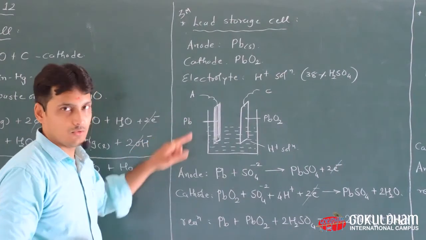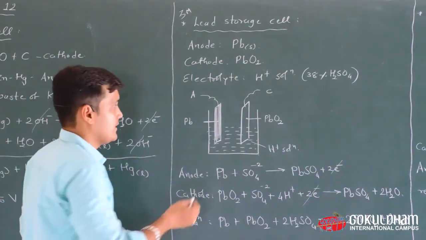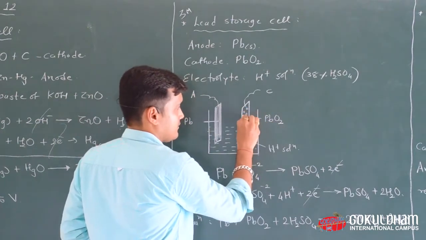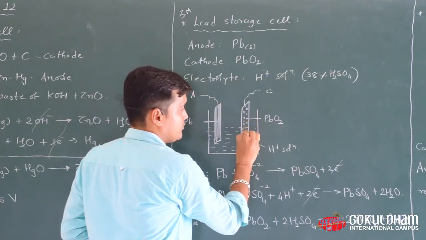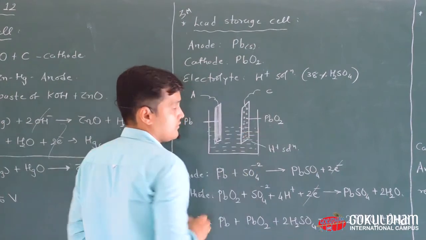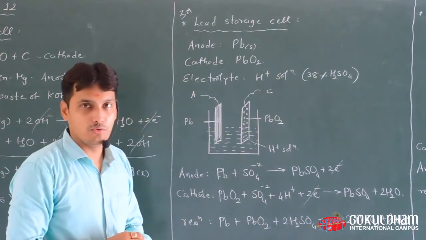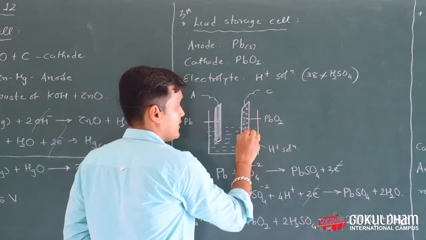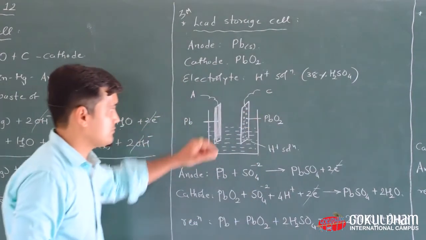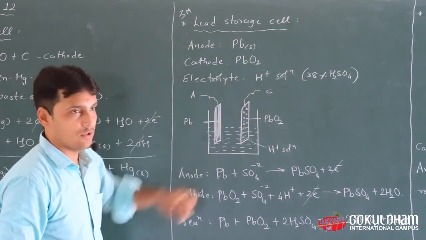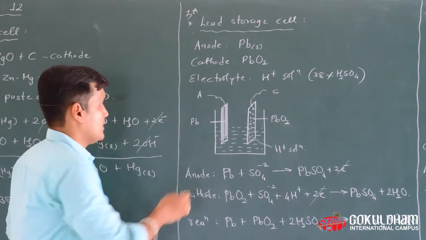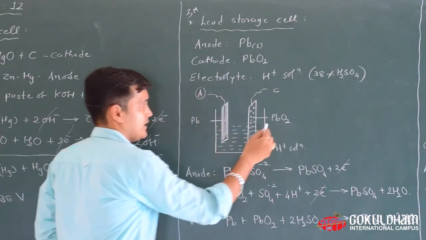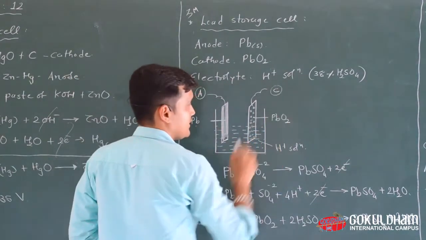This lead is also known as plumbic, and on the cathode side the metal strip used is lead oxide, PbO2. This lead oxide strip is perforated. Perforated means there are small pores on the metal strip. This lead acts as the anode, and this PbO2 acts as the cathode.